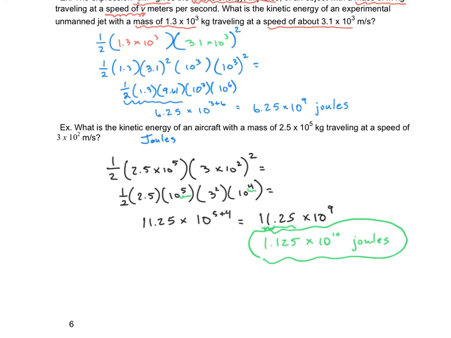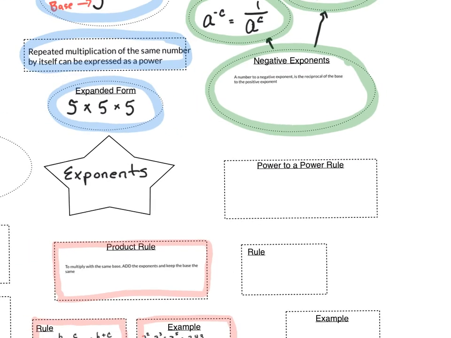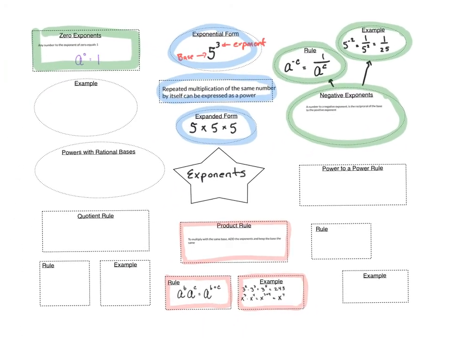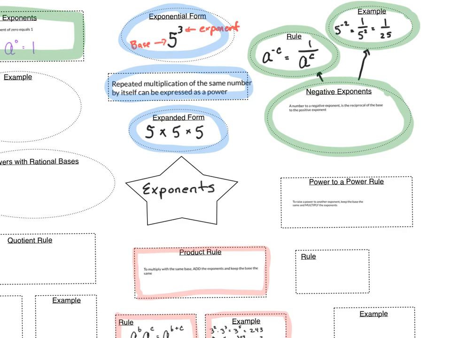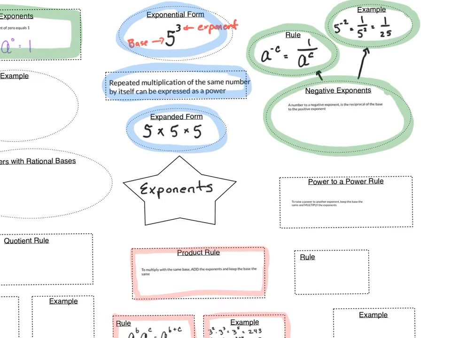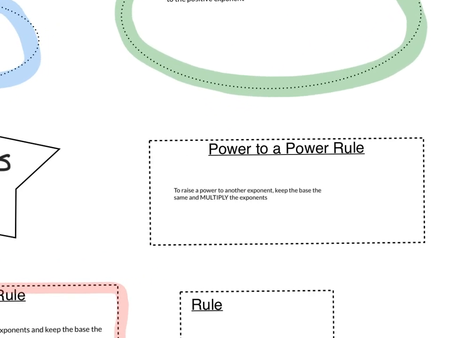Okay, so we have covered power to a power, and as we come over here and look at our worksheet that we've been working on, our little note-taker guide, we've already covered zero, our regular forms, our negative properties, our product rule, and now the power to a power rule. So remembering, when you want to raise a power to another power, you keep the base the same and then multiply the exponents.